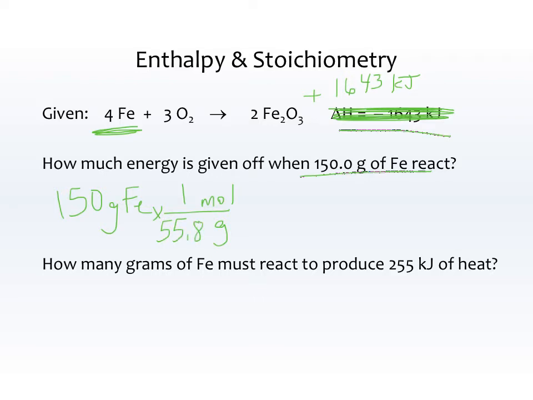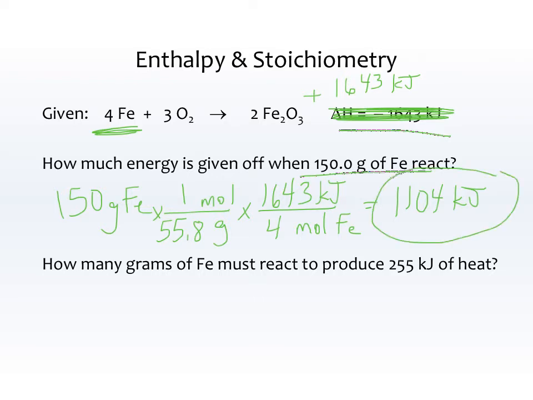That'll tell me moles of iron, but one more step. For every 4 moles of iron, 1643 kilojoules are released. So that's 150 times 1643 over 55.8 over 4. Type that in your calculator, you end up with 1104 kilojoules. This is not a negative number.